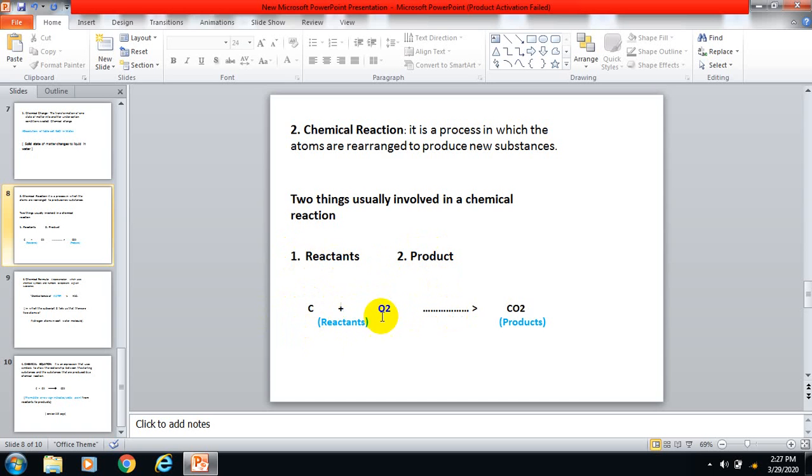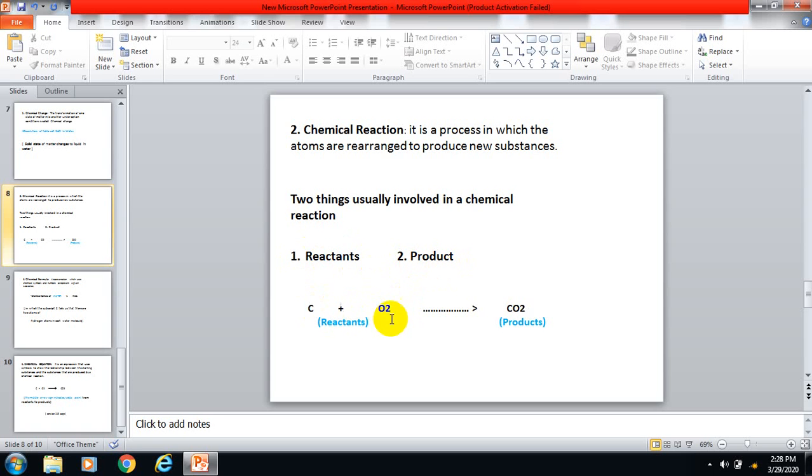They react and combine with each other under certain conditions. This arrow indicates that these two will form a new thing, CO2, carbon dioxide, which we call the product. The first are reactants and the second is the product.